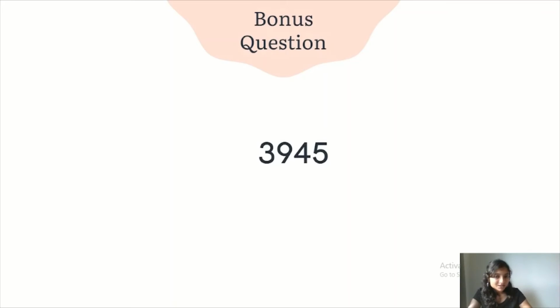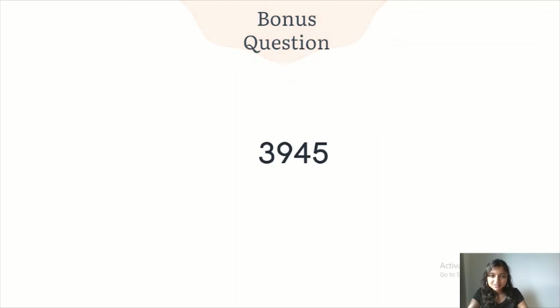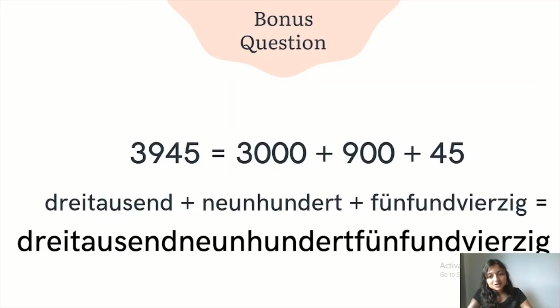Next, similarly, can you break this down? 1000 plus 900 plus 45. That is written as 3000 neunhundert und 40. So, the whole word 3945 is called as 3945.